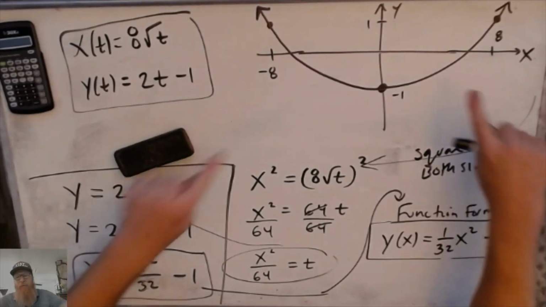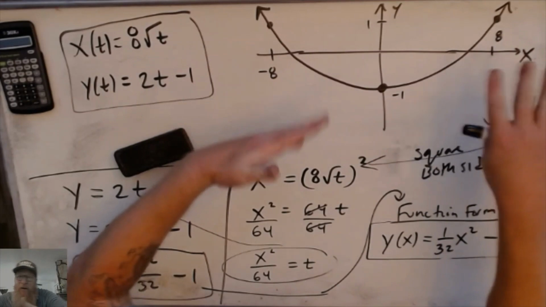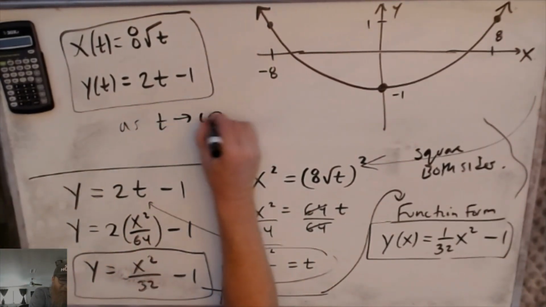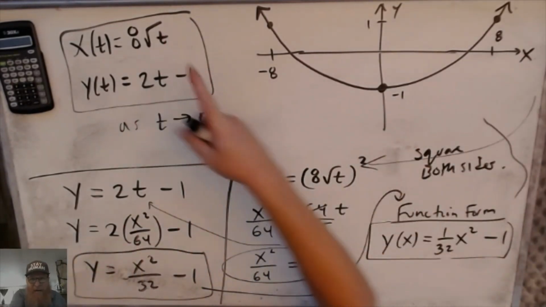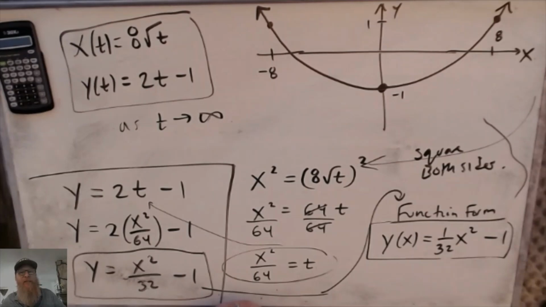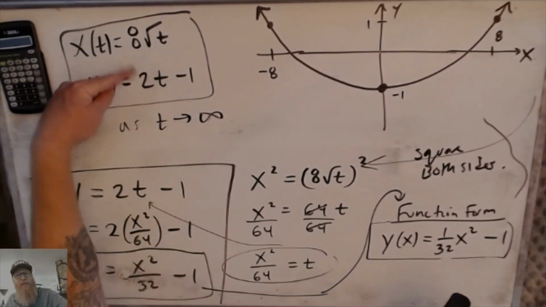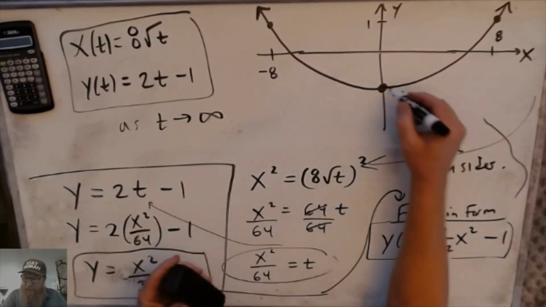All right. Now remember, the arrows can't really go both ways. Right? So you kind of want to think about the orientation. As t goes to infinity, what's happening to this? Is it going from left to right, or is it going from right to left? So you can use the parametric equation, plug in 0, and it's going to start here.